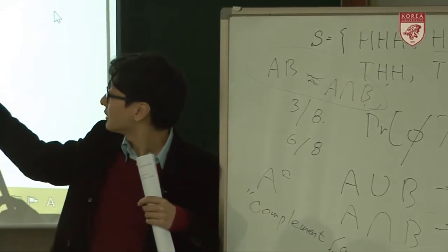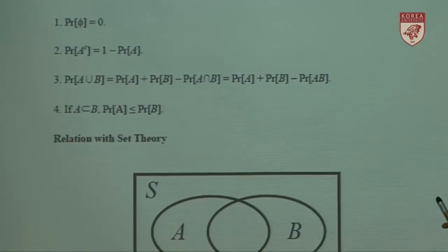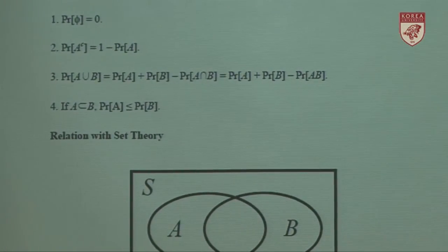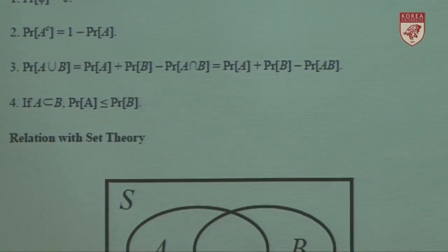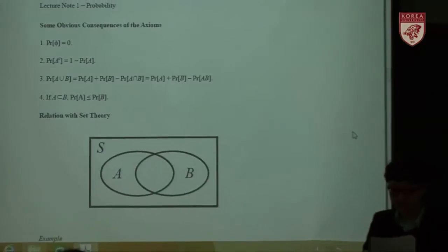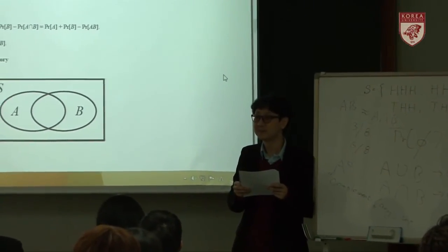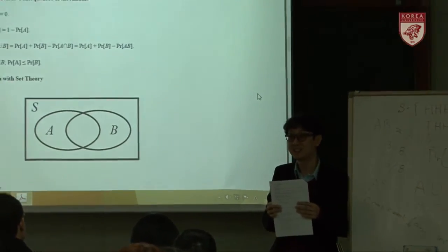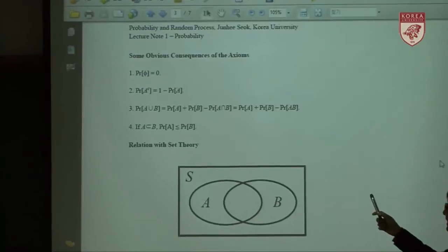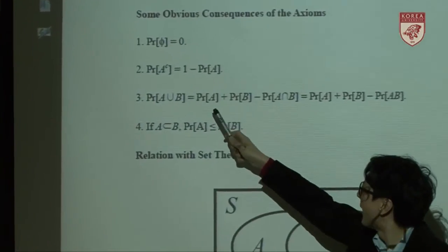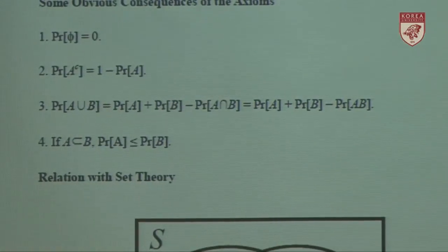So basically the probability of the union of A and B is equal to the probability of A plus the probability of B minus the probability of the intersection of A and B. Can you see why? So intuitively, is it right? Yes, intuitively it's right because by adding these, the probability that A and B occur together is counted twice.